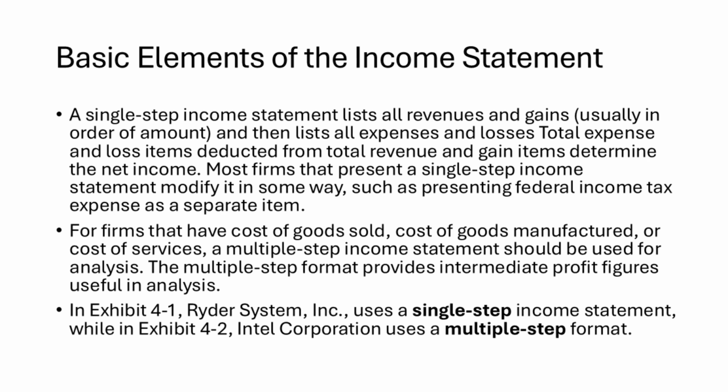If you have the textbook, you can find Exhibit 4.1, the single-step income statement, in the case of Radio Systems Company. You can also find the multiple-step format income statement in Exhibit 4.2, Intel Corporation's operations, for example.